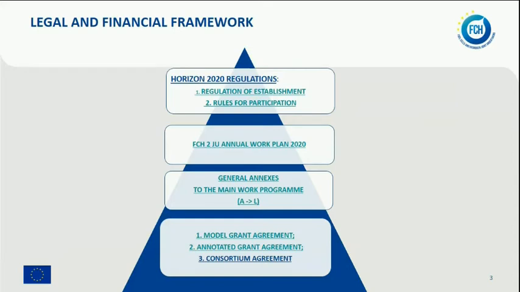Very important for you to know is this pyramid. The first one at the top is the law that governs this call. It's the 2 regulations, the regulation of establishment for Horizon 2020 and the rules for participation. If you have questions such as how many countries should participate, how many legal entities from which countries should participate, research and innovation actions how many, CSA actions how many, and so on and so forth, everything is in the rules for participation.